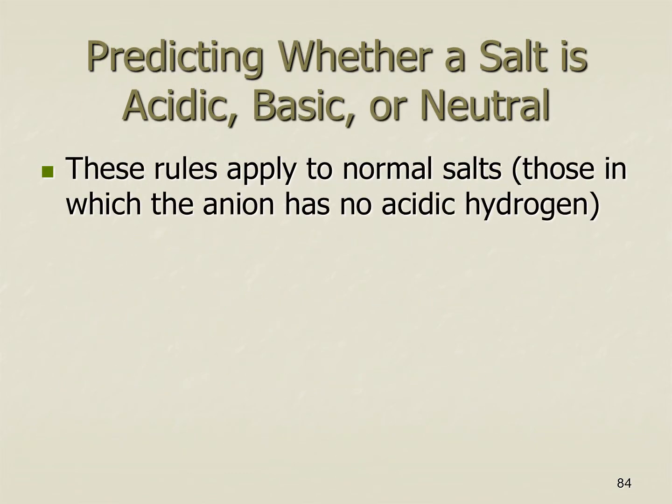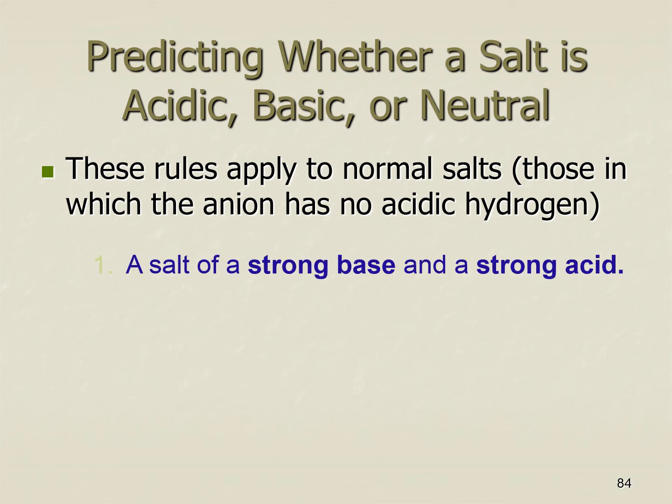As a summary, to predict whether a salt is acidic, basic, or neutral, these rules apply to normal salts in which the anion has no acidic hydrogen. That refers to what I was saying earlier: HSO4 negative doesn't really count here, since it has some acidic character as well, so HSO4 negative will not be included in these rules.